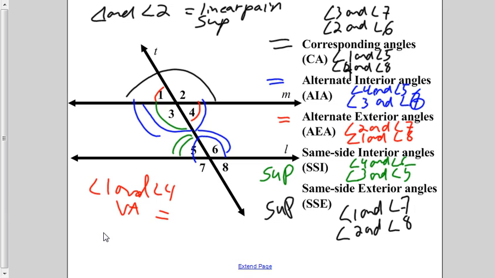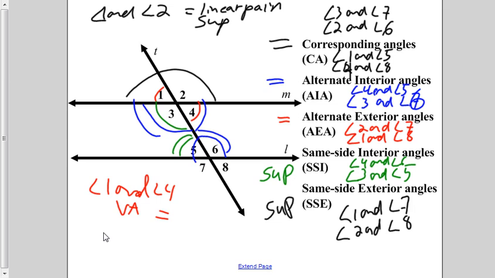My bad. It's 4 and 6, and 3 and 5, sorry. And then same side exterior are 1 and 7, 2 and 8.